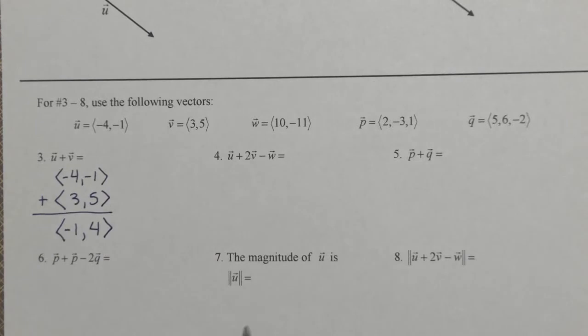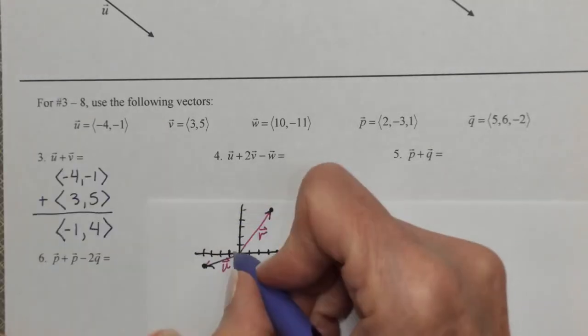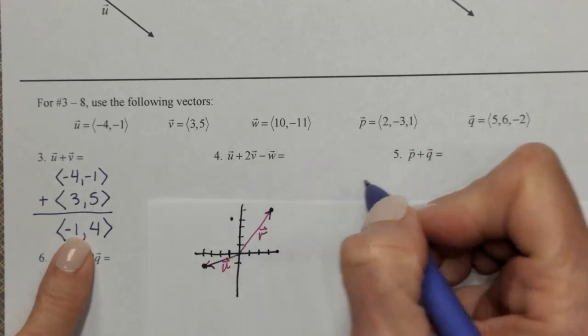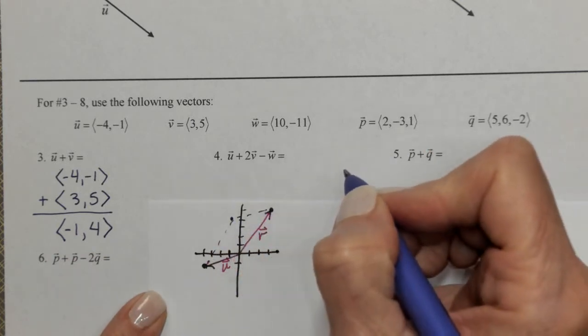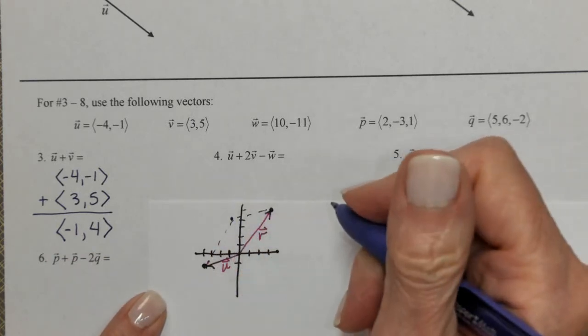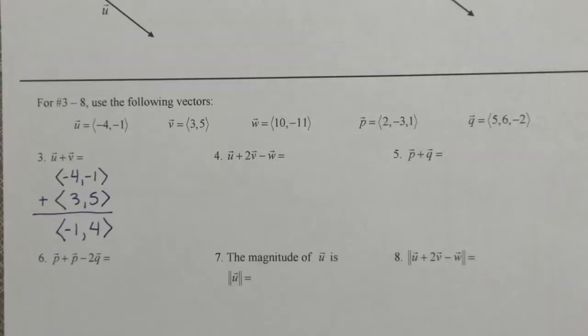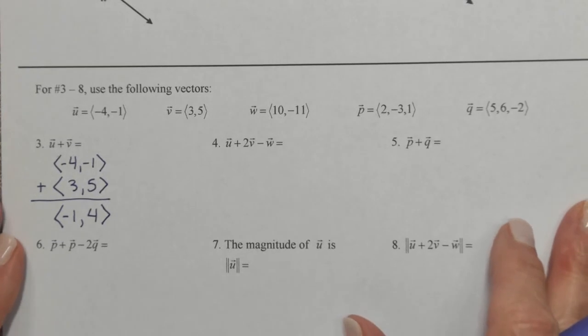So these two would intersect at -1, 4. Does it look like that's possible? It does, given my little graph there. So that is how we will do those.